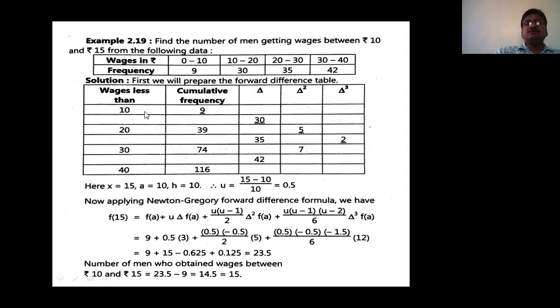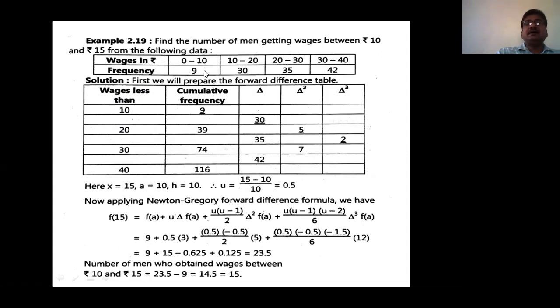So the first column is what? 0 to 10. The given table is converted to this table: wages less than 10, less than 20, less than 30, less than 40. So how many men get wages less than 10? 9.